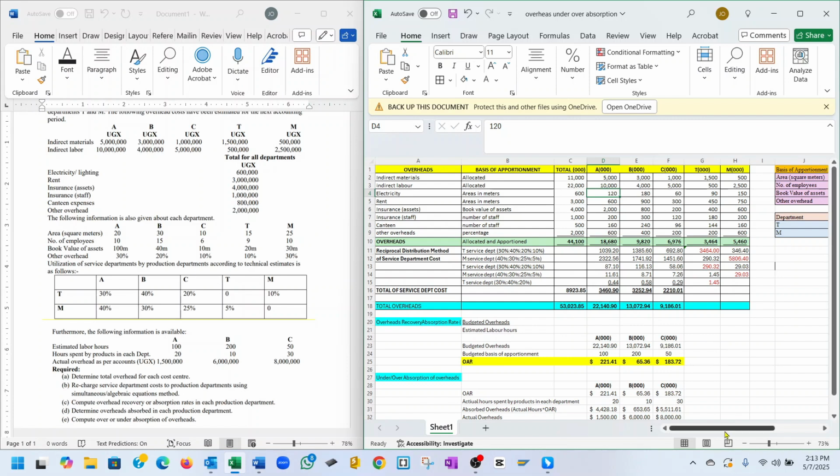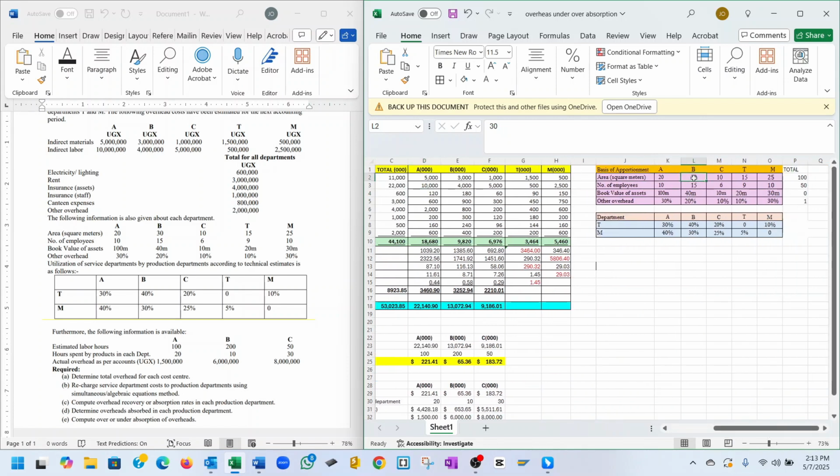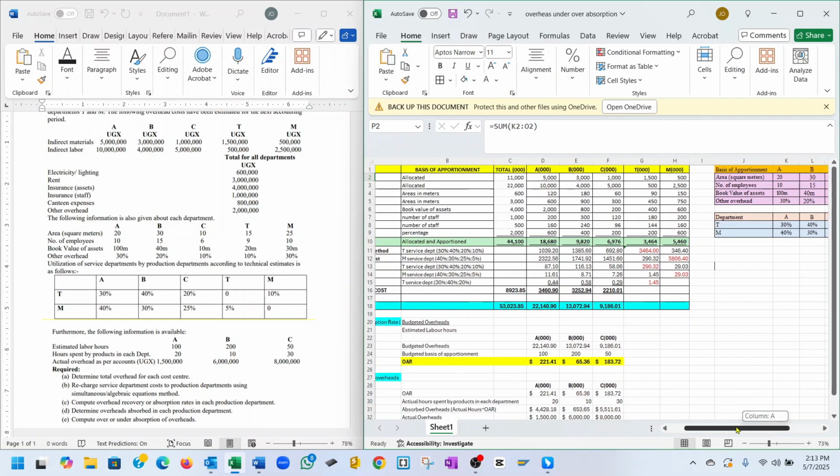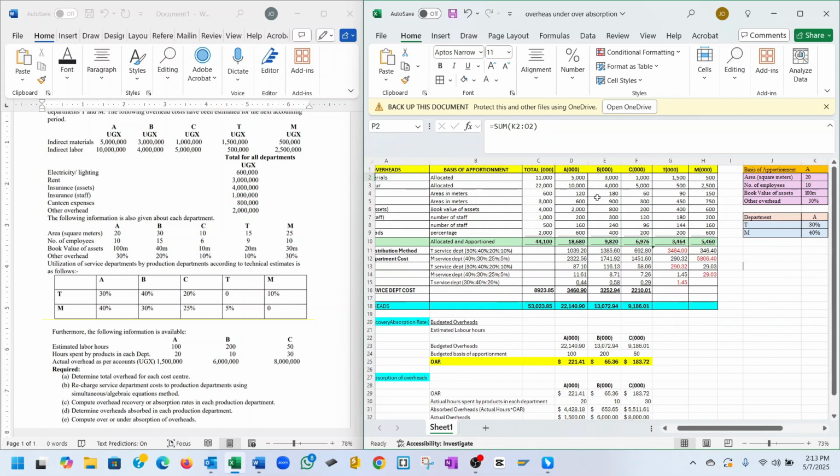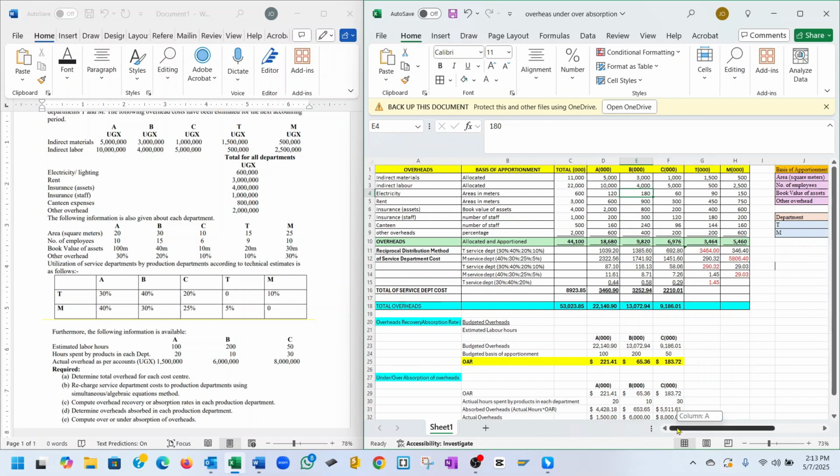For B, we are going to get 30 divided by 100 multiplied by 600, and we are going to get 180. And the same applies to C, T, and M. I hope you get it.